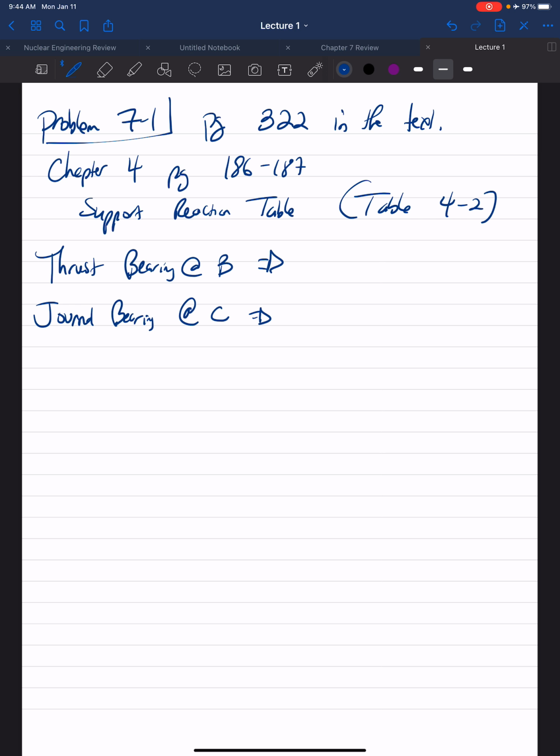But we can ignore the couple moments if the body is supported elsewhere. And please note this is in 3D, this table 4-2.